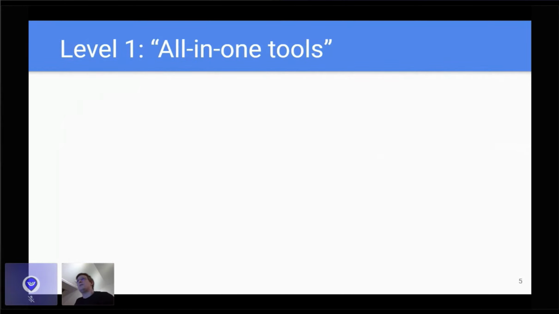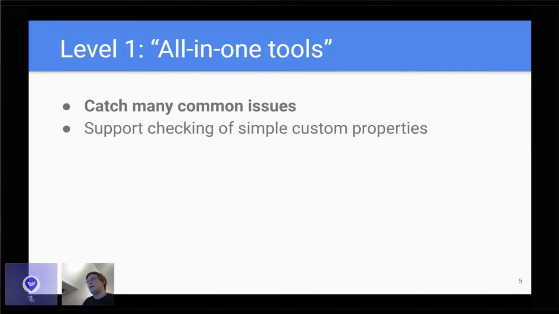I mentioned that there's a lot of tools out there that are able to help you when developing smart contracts. And I would say there are different levels. On the first level, I call them all-in-one tools. These are basically tools that are very automatic, could be linters, could be other tools. They catch a lot of common issues in smart contracts, which is great. However, the support for checking such custom properties is not that exhaustive.